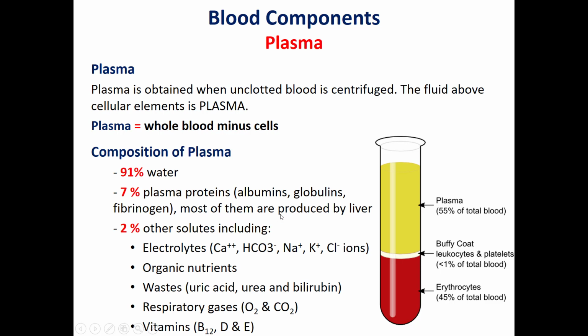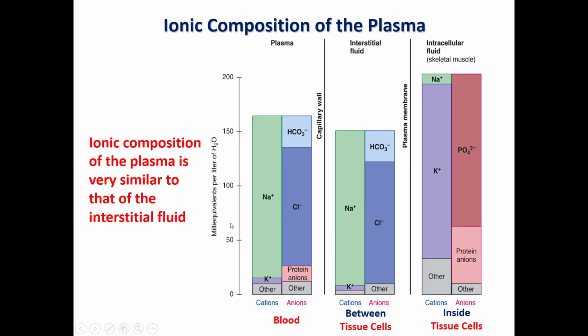Most of these proteins are produced by the liver. 2% includes the solutes from different areas, including, for example, the electrolytes, organic nutrients, waste, respiratory gases, and vitamins. As we said before, to study each of these parts, we have different types of medical devices.